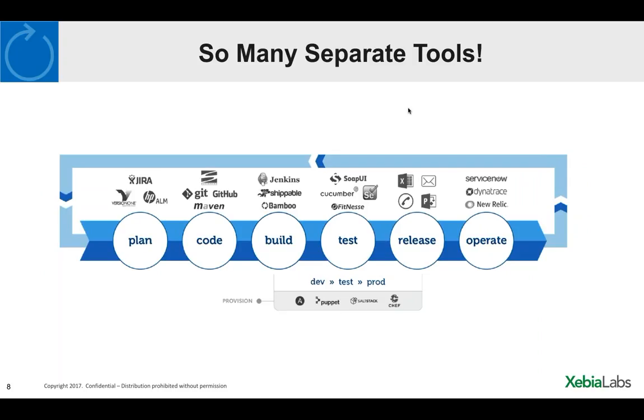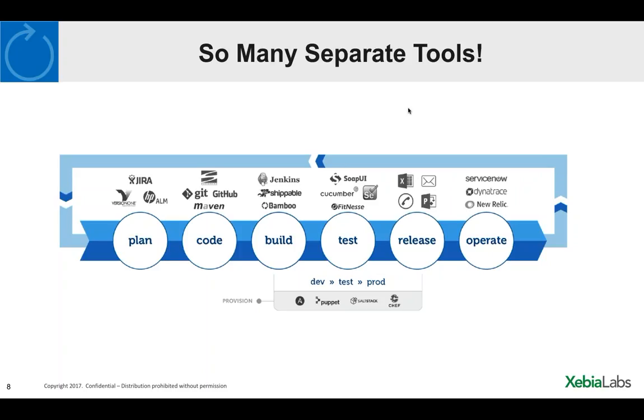So as software is moving from the planning phase into development, building, testing, the constant looping of deployment and provisioning that happens as you're moving from different environments, and the testing that applies to each of those to make sure that you're not suffering from configuration drift or other problems that happen as you move from environment to environment, all the way up through actually deploying, releasing, and then monitoring, and then the feedback loop to that.